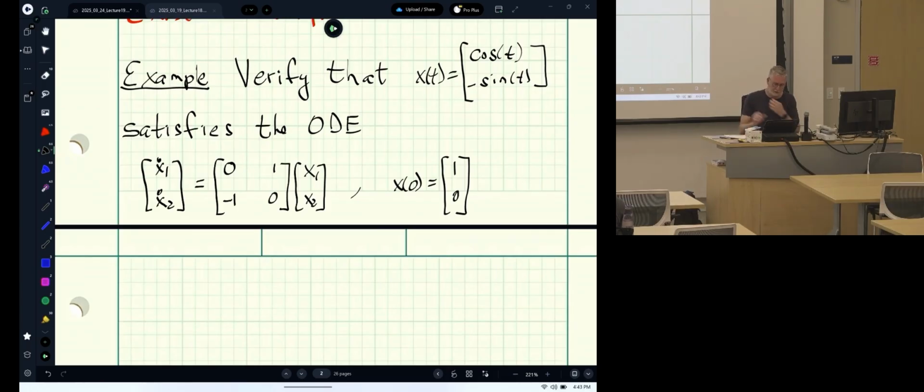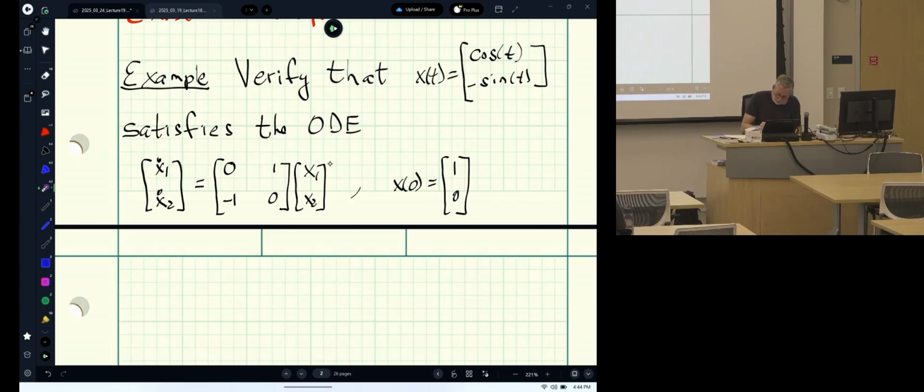Okay, so the first thing to remind ourselves is, what does it mean that a function of time, this one, for example, is a solution to the ODE? First thing to check is, does x at 0 satisfy the initial condition. Second thing to check, I plug x on the left, that means I compute its derivative.